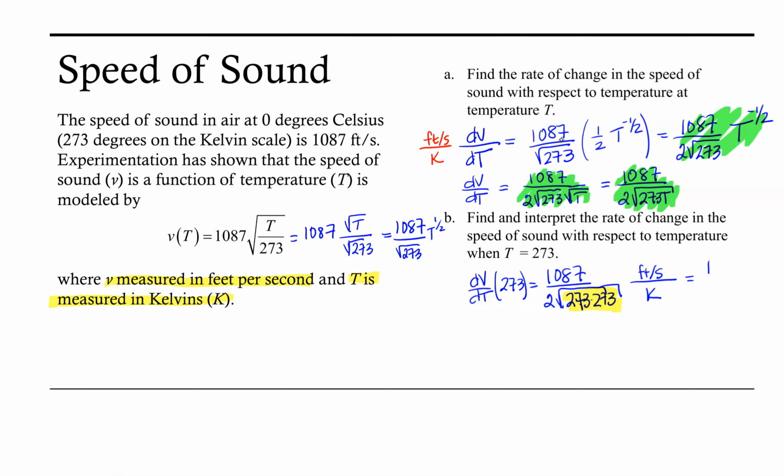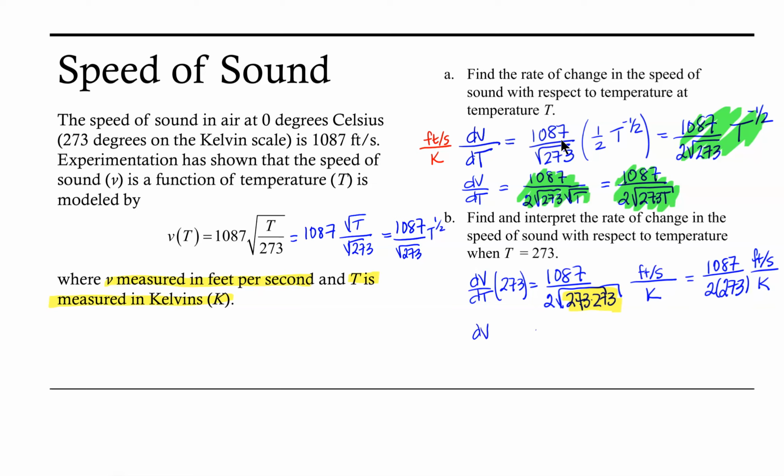So this will be 1087 over 2 times 273 feet per second per degree Kelvin. And now 2 times 273 in the denominator is 546.